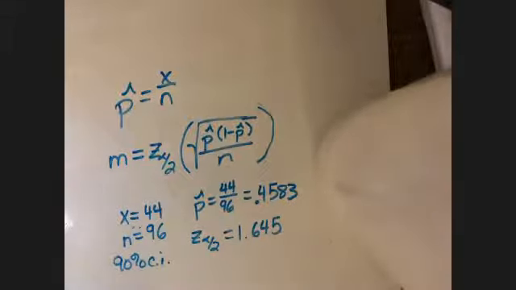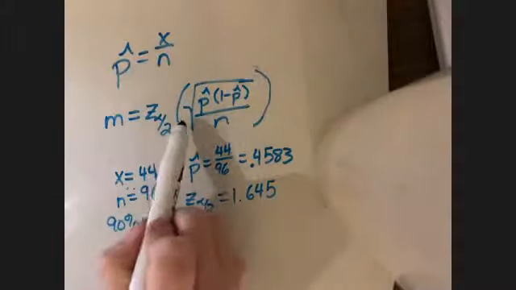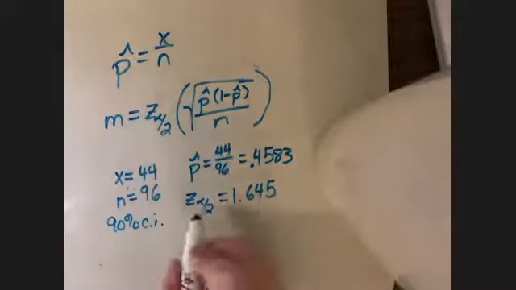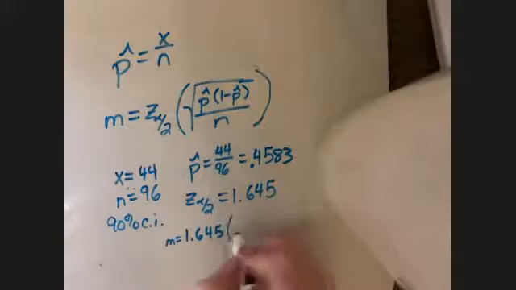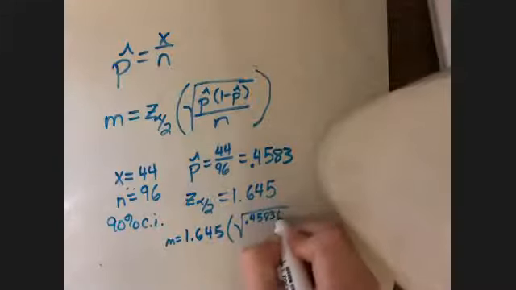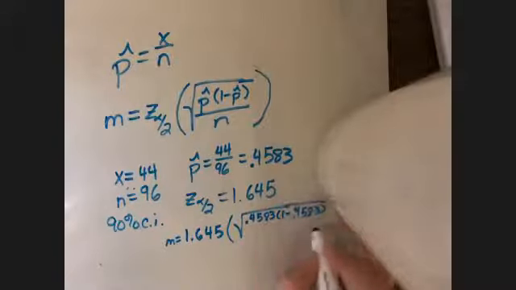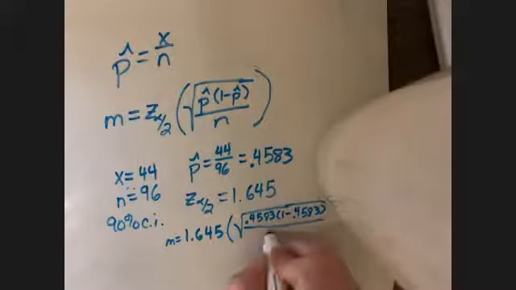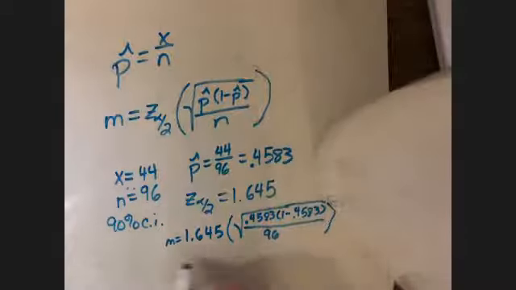Now, in order to build our confidence interval, we're going to plug into this formula to figure out our margin of error. So we've got 1.645 times the square root of 0.4583 times 1 minus 0.4583 over n, which was 96. Let me pull that on the calculator.